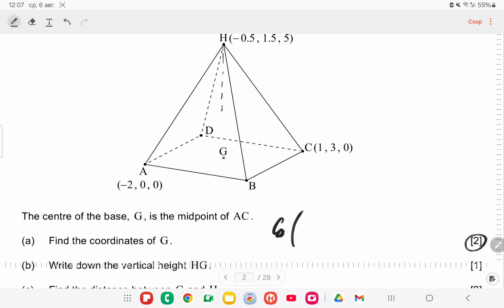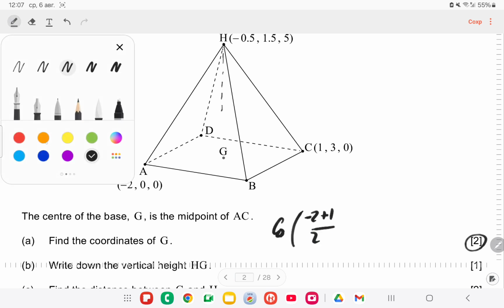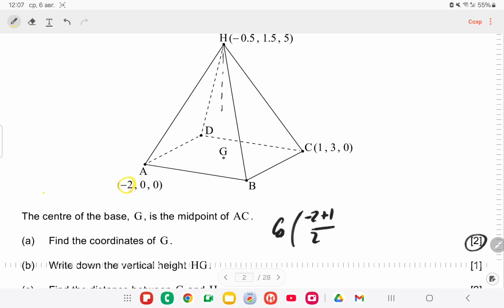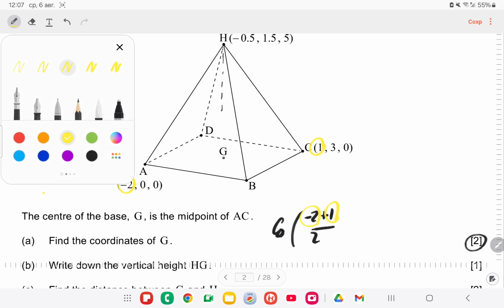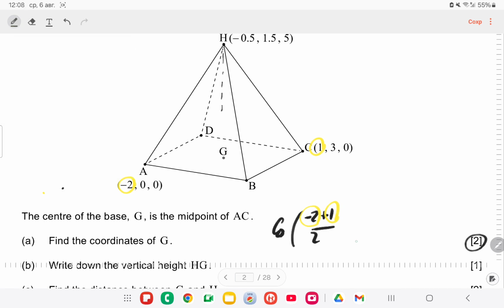So G has a coordinate x: minus 2 plus 1 divided by 2. Let me underline where I took this number, minus 2 here and 1 here. So it's all about the x coordinate. Now the next coordinate is y, in a similar way, 0 plus 3 divided by 2, and the last one is 0 plus 0 divided by 2.